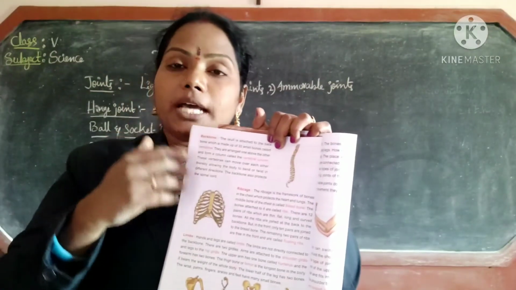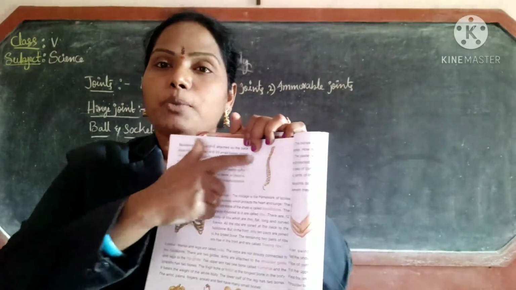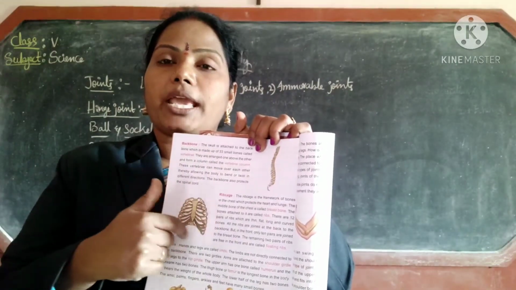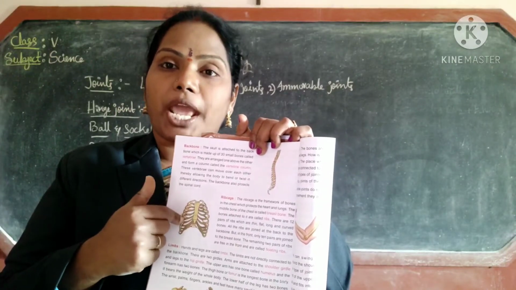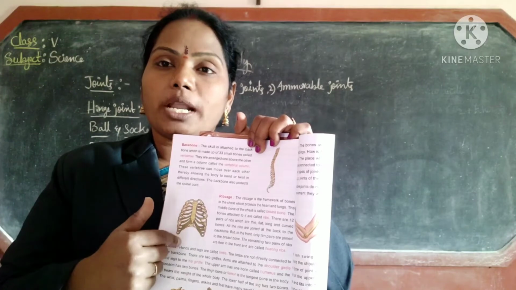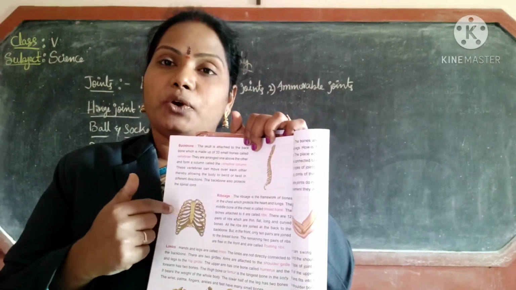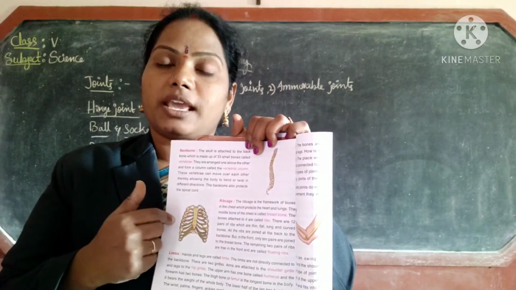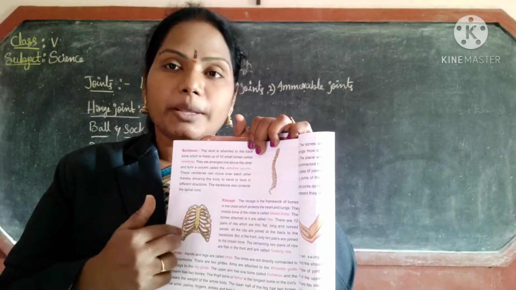The ribs are attached to the breastbone and to the backbone, so they make a cage. That's why it is called the rib cage. Each bone is called a rib. How many ribs are there? There are 24 ribs, otherwise we can say 12 pairs of ribs.